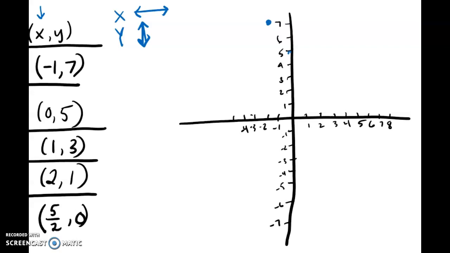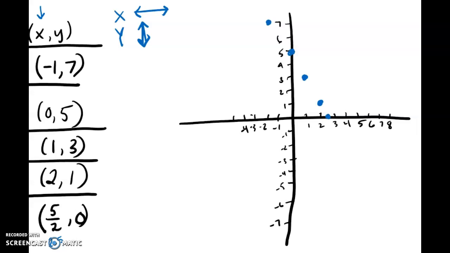0 and then up to 5. 1 and then up to 3. 2 and then 1. And then 5/2, that's the same as 2.5, so it's halfway between 2 and 3. And then 0.